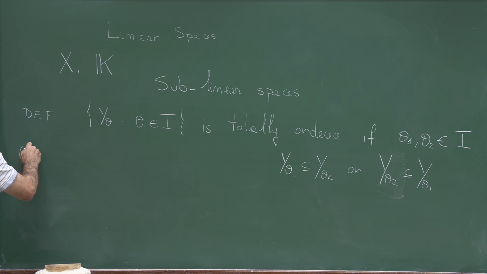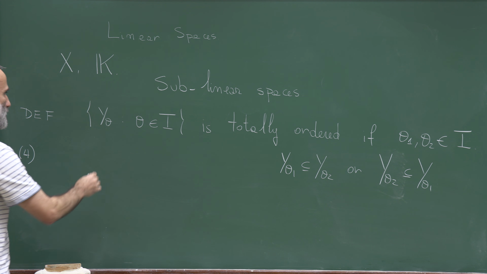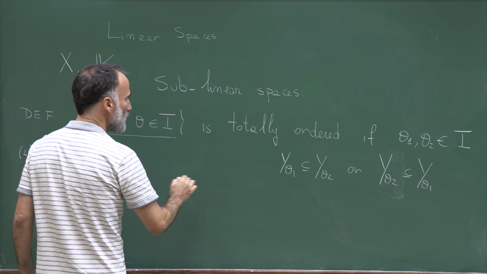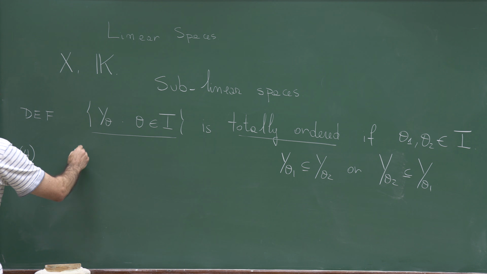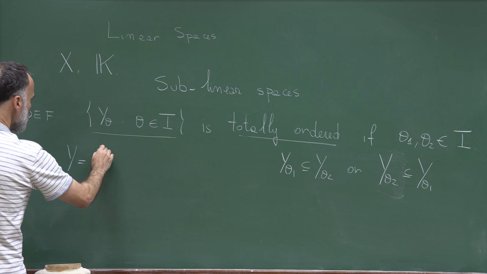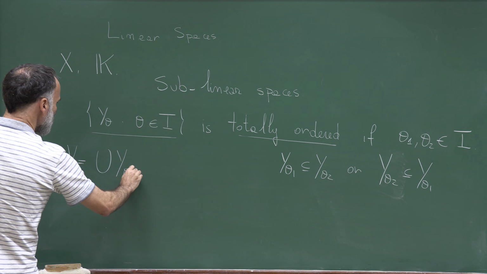And the fourth property of linear subspaces says the following. Well, assume that you have a family which is totally ordered, then define Y as the union of Y theta.